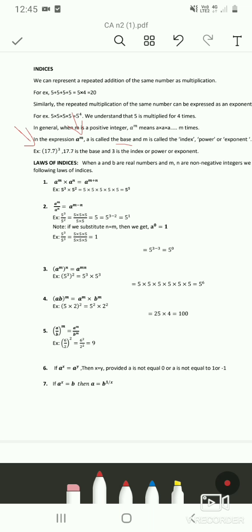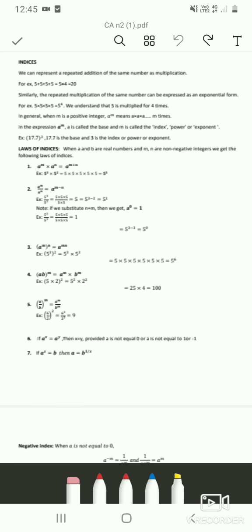Now we'll look at some laws of indices. When a and b are real numbers and m and n are non-negative integers, we get the following laws of indices.